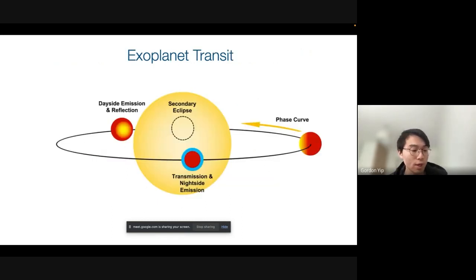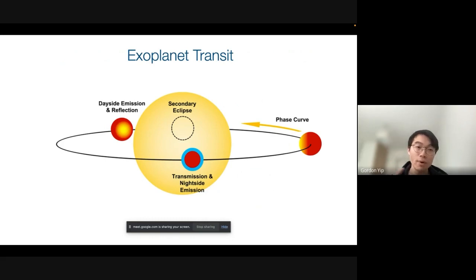So what do we do to do that? Among all the other techniques that we use to discover exoplanets, many of them focus on what we call the exoplanet transit. If you imagine the orange circle in the middle is the whole star, and the smaller red circle is our planet.